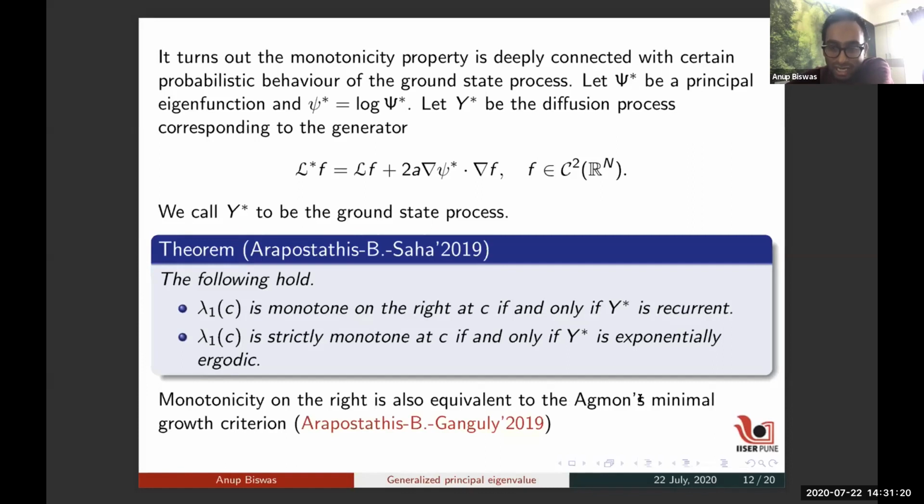Now what we proved is that Agmon's minimal growth criterion at infinity is equivalent to the operator being monotone on the right. So there it's equivalent. This used a probabilistic argument in criticality theory. This is done jointly with Arapostathis and Devdeep Ganguly.